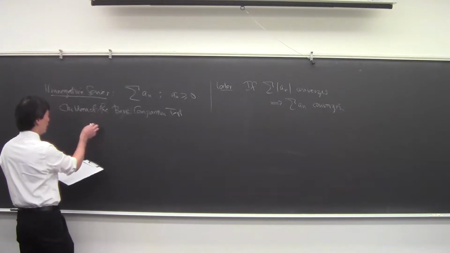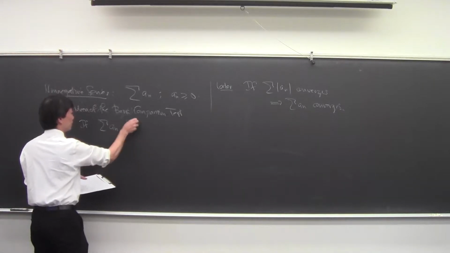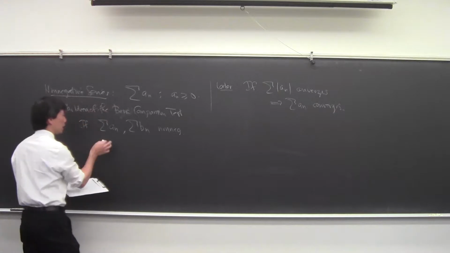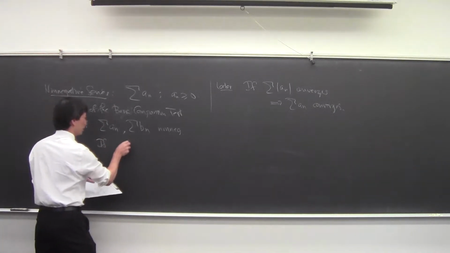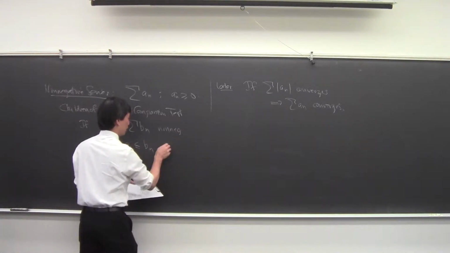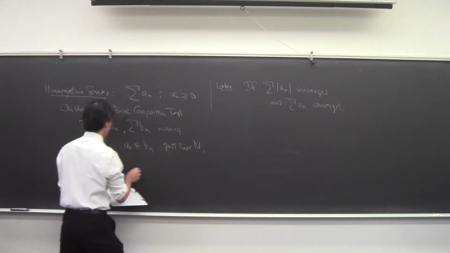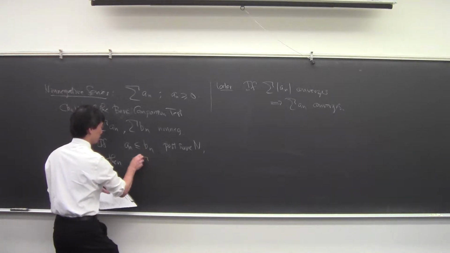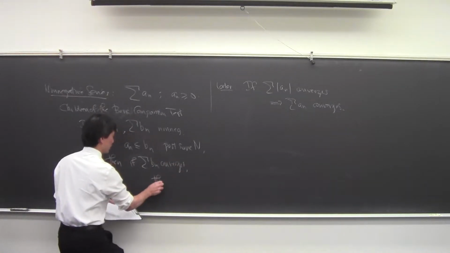So if you have two non-negative series, and if the a sub n's are less than the b sub n's past some point, then if the bigger guy converges, then the smaller guy converges.